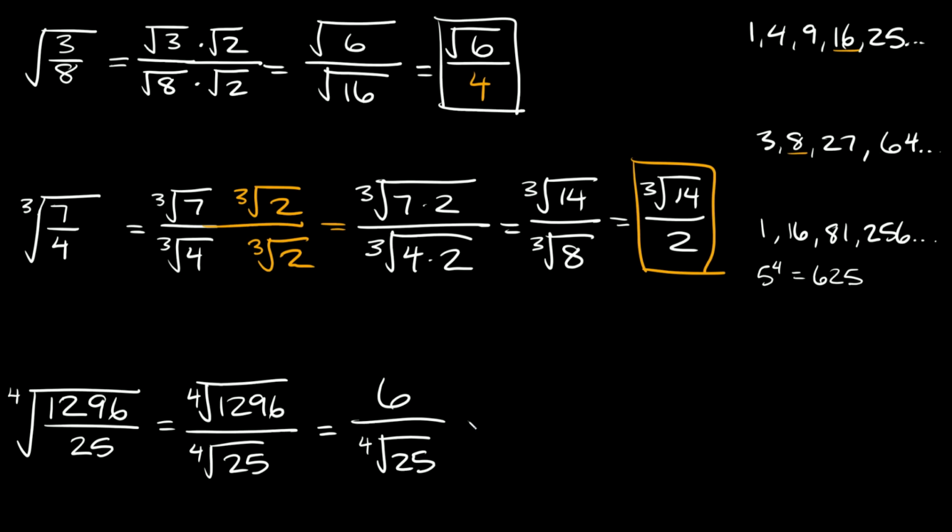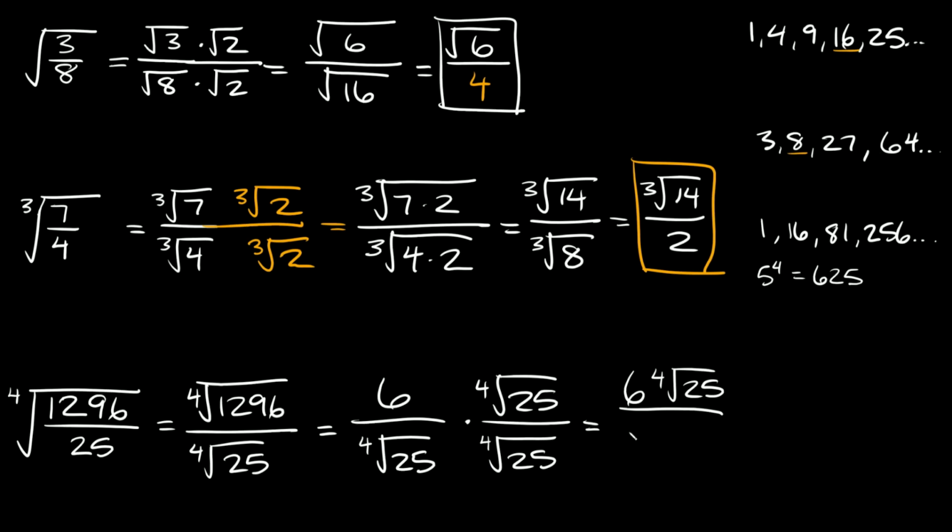So in this case, we're going to multiply the bottom by the fourth root of 25 and the top by the same thing, right? The fourth root of 25. Okay, so then here we're gonna get, well, on top we have 6 times the fourth root of 25. And on the bottom, we have the fourth root of, well, 25 times 25, which is 625.